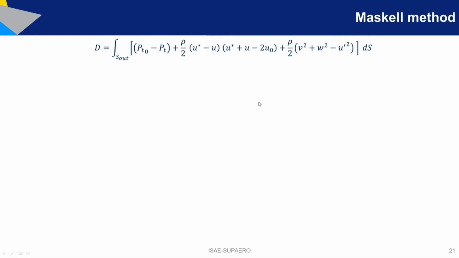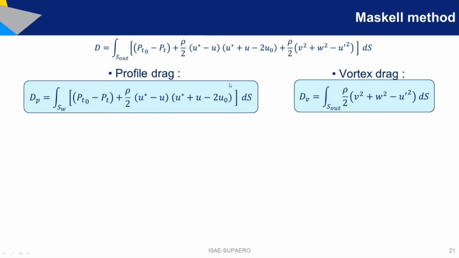So having said that, let's tackle this equation in detail. First of all, as I mentioned before, we can decompose it in two parts. The first part takes into account only the pressure and kinetic energy deficit, as before, and this will give me the profile drag. That's the Betz method, and this is wake reduced as before. So the first part of the equation is known because this is Betz.